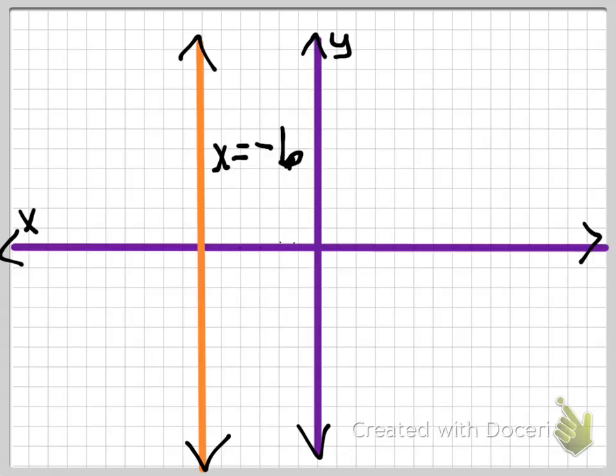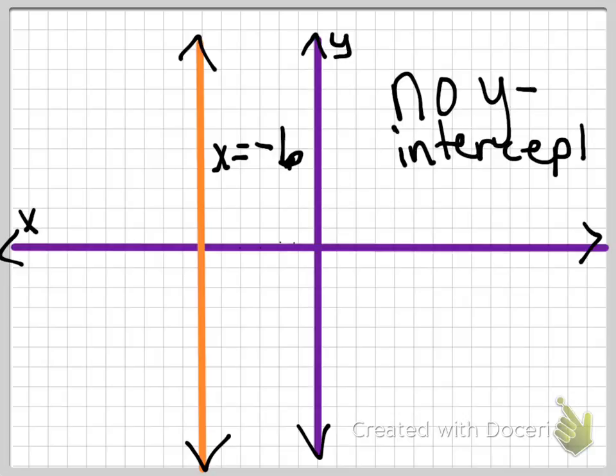If you notice, this line is a vertical line, and I hope you remember that it has an undefined slope because it's straight up and down, and it has no y-intercept. Why does the straight up and down line have no y-intercept? I hope you guessed because it never crosses the y-axis, and you would be correct.